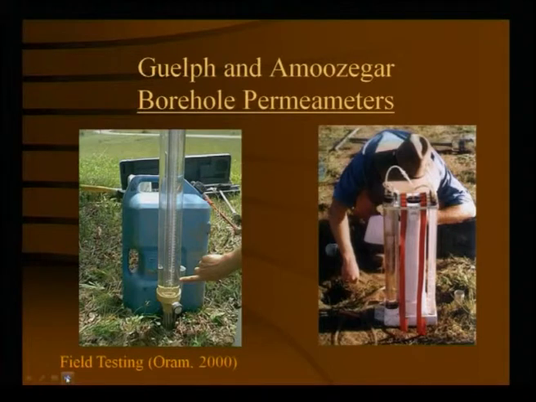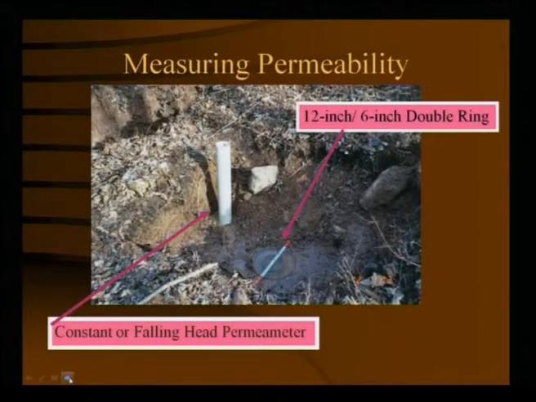These are the testing arrangements for field testing of a borehole. A 12 inch to 6 inch double ring has to be provided here, and by means of a borehole constant or falling head permeameter you can measure.